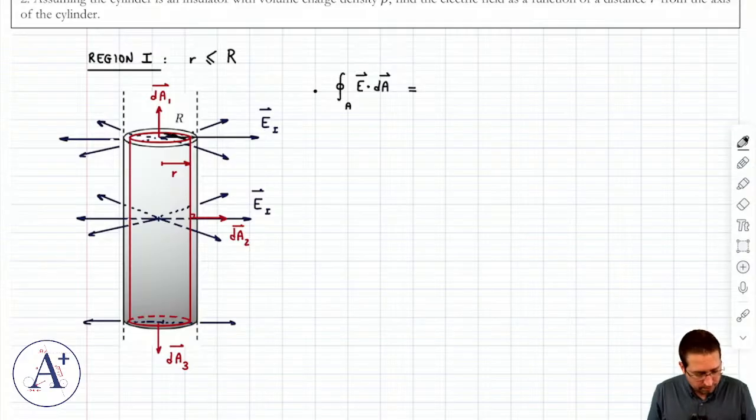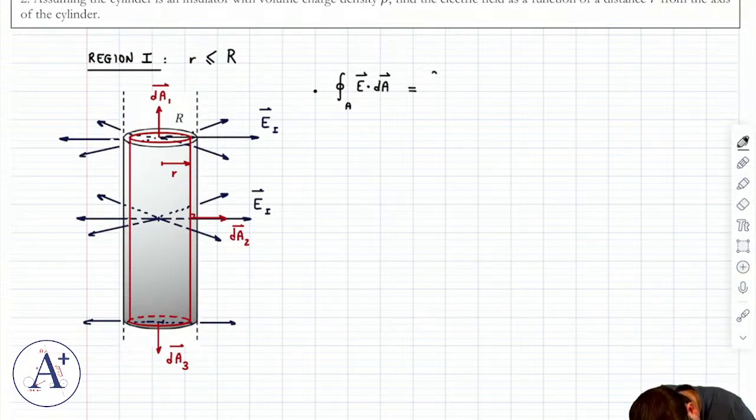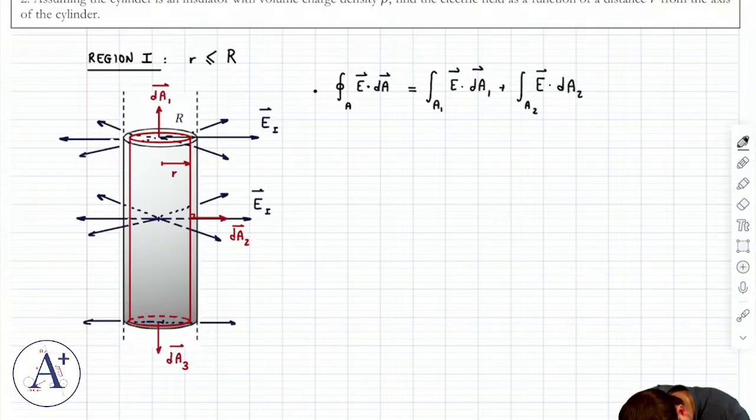The top cap here is not a closed surface, the bottom one isn't either, and the cylinder wall is not either, right? So I'm going to write the integral without a ring around it over A1 of E dot dA1, plus the integral over A2 of E dot dA2, plus the integral over A3 of E dot dA3. And to be really consistent, I should call this E1.